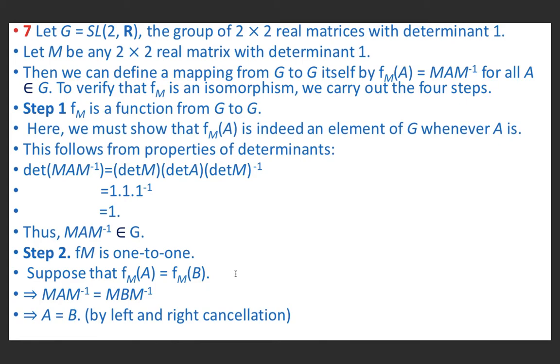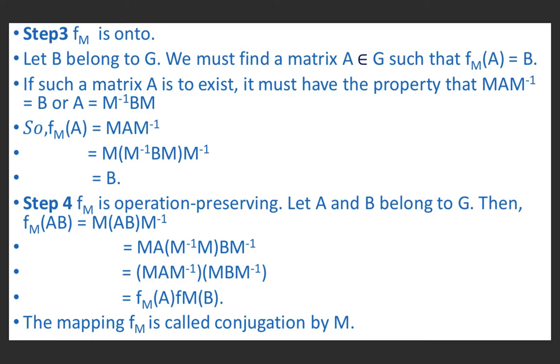Now we will show that it is onto. Let B belong to G, then we must find a matrix A belonging to G such that F_M(A) equal to B. If such a matrix A exists, it must have the property that M A M inverse is equal to B. Or we can say that A is equal to M inverse B M. This can be easily obtained if we pre-multiply by M inverse and post-multiply by M. M inverse M is nothing but the identity matrix.